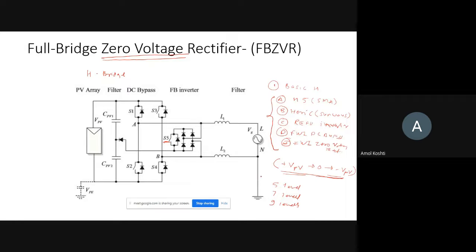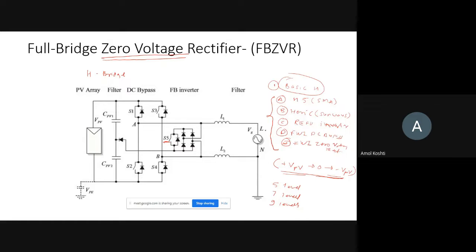We also discussed different topologies: diode clamped, flying capacitor, and cascade H bridge inverter. If you compare these multi-level inverters with the basic H bridge inverter, obviously the multi-level inverters will be more efficient.